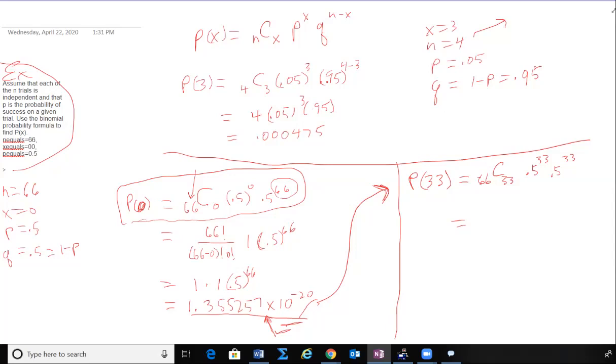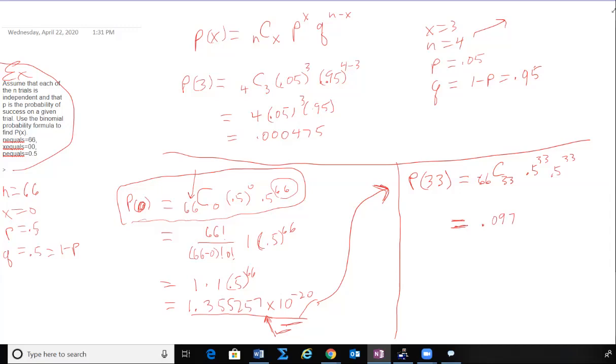That's a 33. And I'm not even going to try to write all this down. That's 0.5 to the 66 power, which is that last number that we had in the last problem, actually. 0.5 to the 66. It's that number down there with the 10 to the negative 20. Okay, this number comes out 0.097.